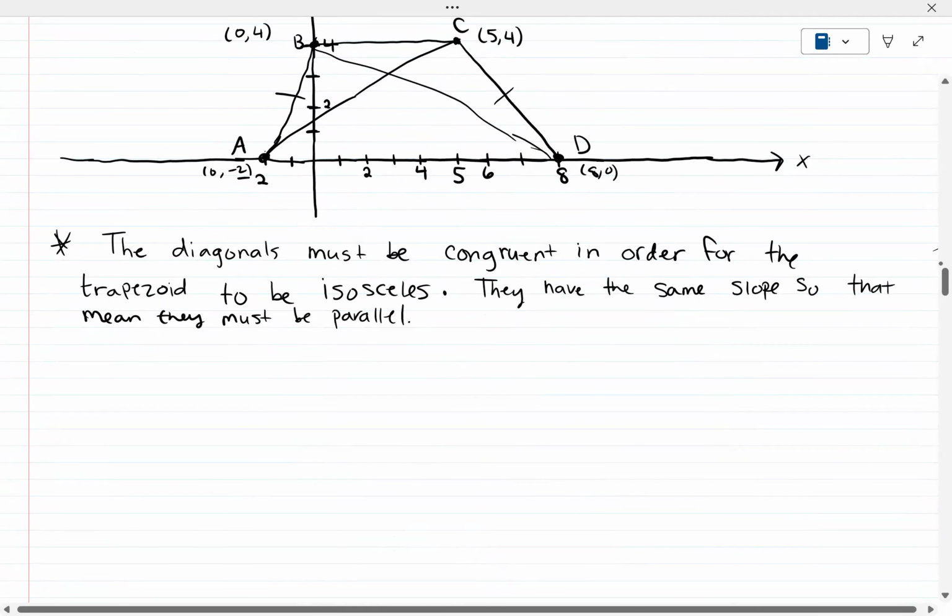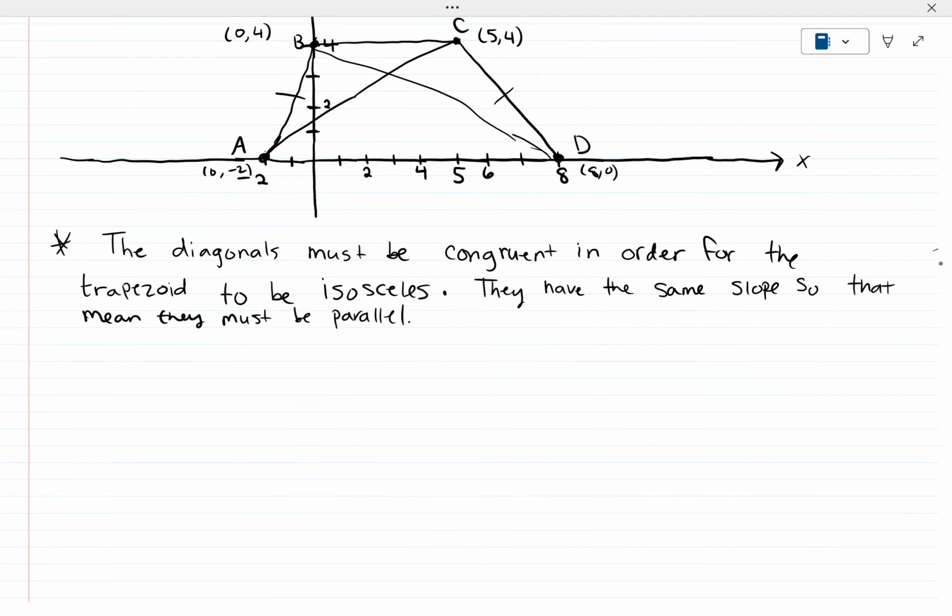So let's find the length of AC. Everything's given; we just need the distance formula. We are given the coordinates (-2, 0) and (5, 4).